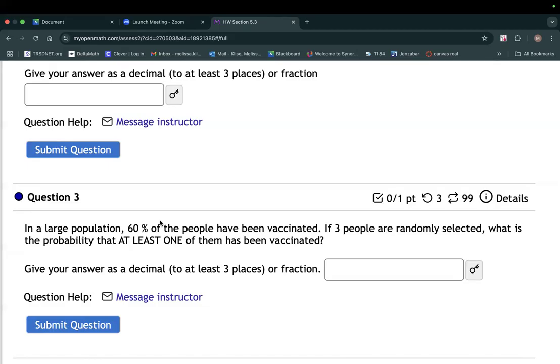At least one vaccinated. Okay, I'm going to pop over to my other screen.